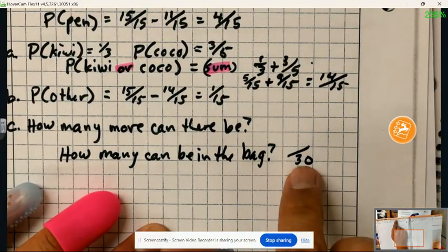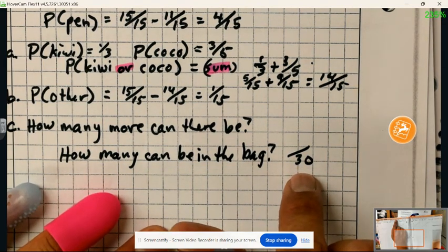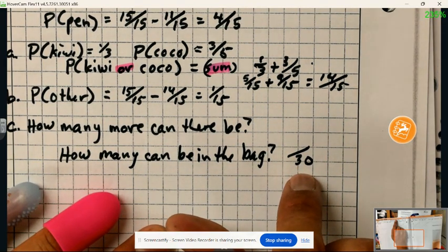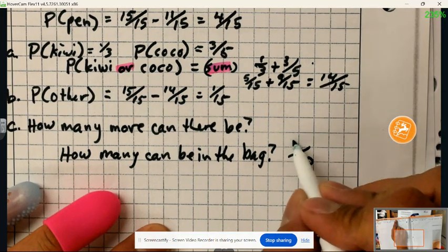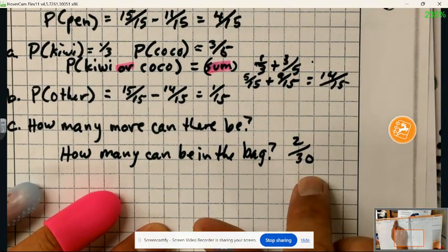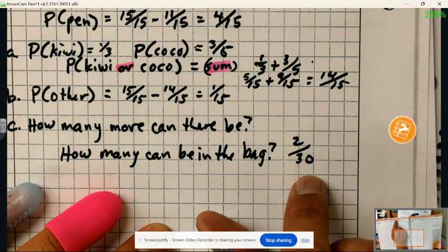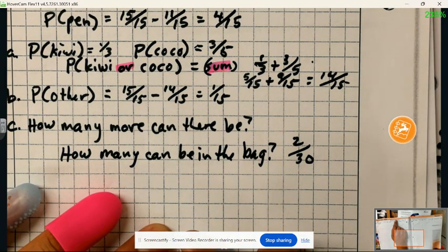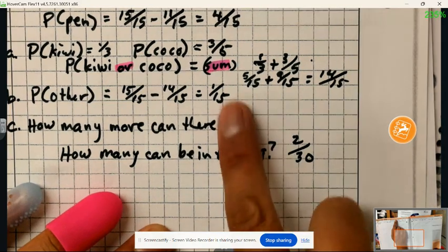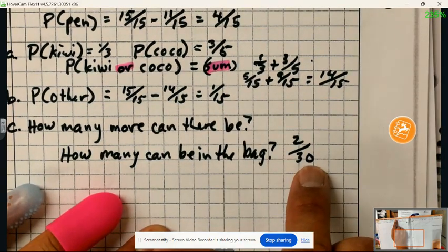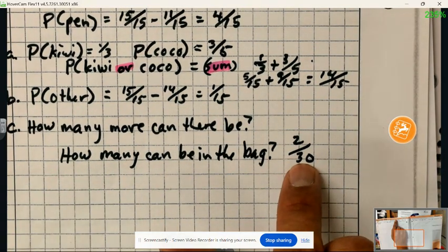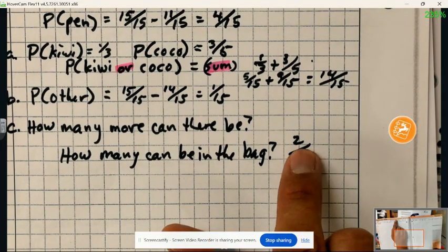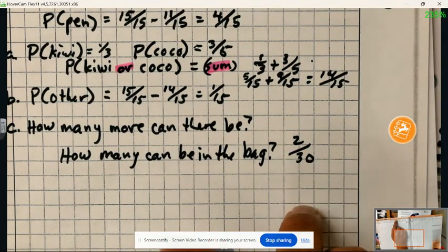If there's 30 candies in the bag, then how many are not kiwi or coconut? And the answer is 2 of them. So do they have to be one flavor, or can they be different flavors? Okay, so this is still a probability of another flavor. That's still 1/15. But this is saying there could be 30 in the bag. And if there's 30 in the bag, 2 of them are not kiwi and coconut.